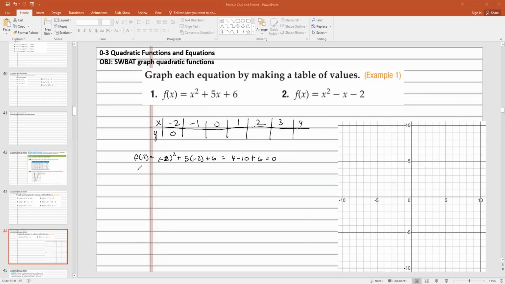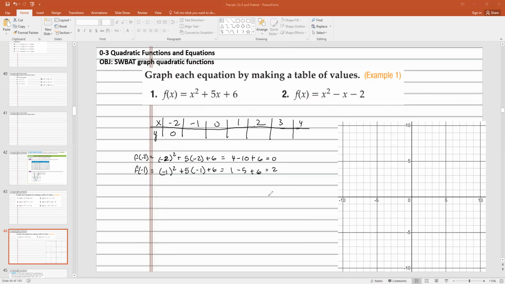And then let's do f of -1. You get -1 squared plus 5 times -1 plus 6. -1 squared is 1, minus 5, plus 6. That's going to give us 0. I'm just kidding, 2.